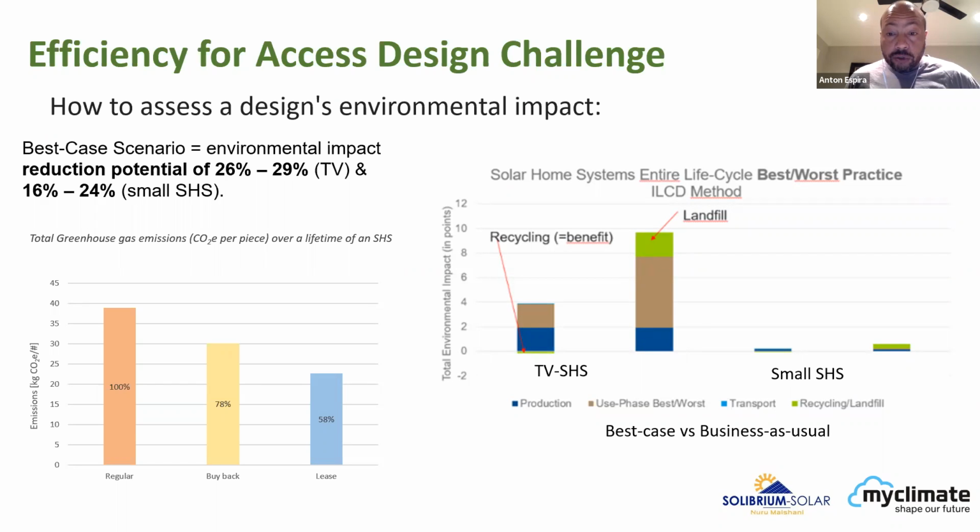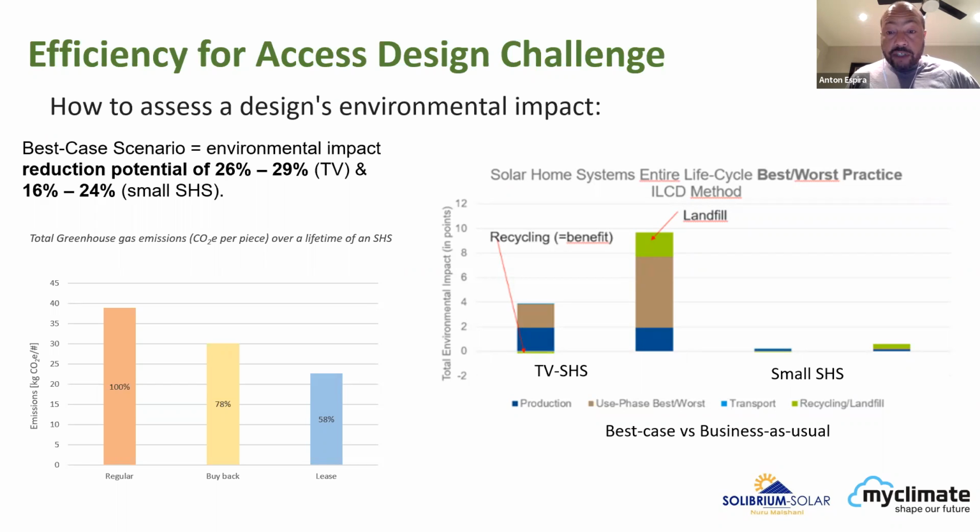The graph shows the difference between a small solar home system and a TV solar home system, but it shows the overall environmental impact of two business models. One is the business as usual model. That's the taller bar on the right.